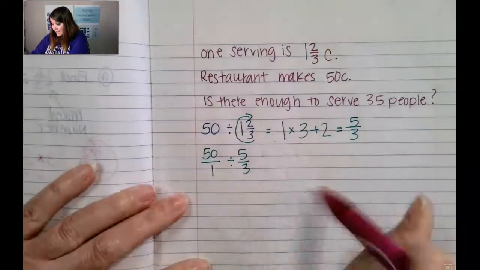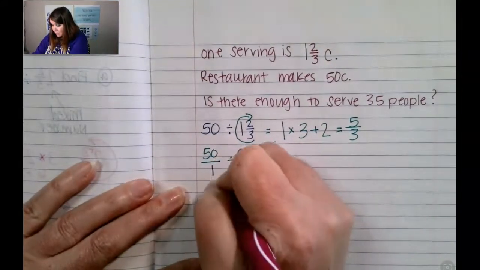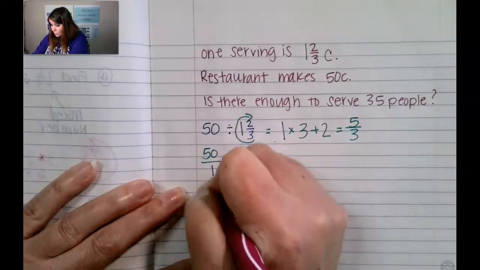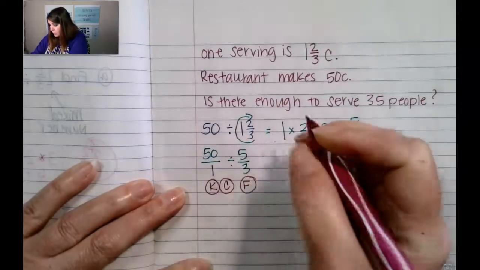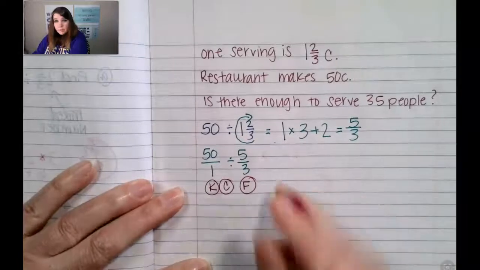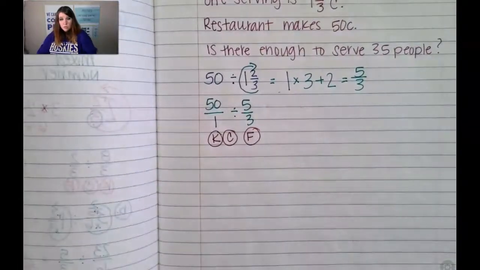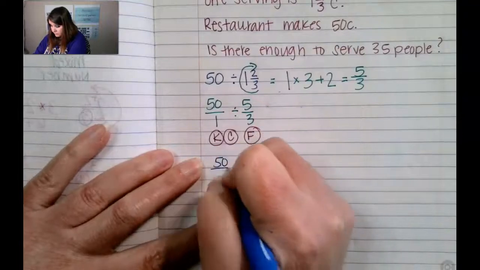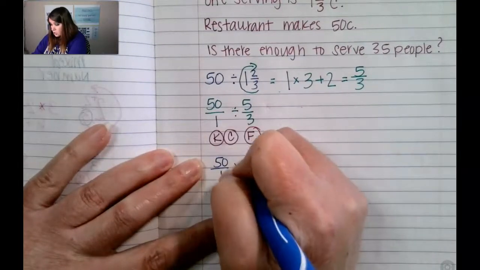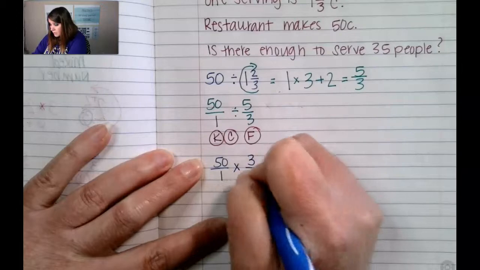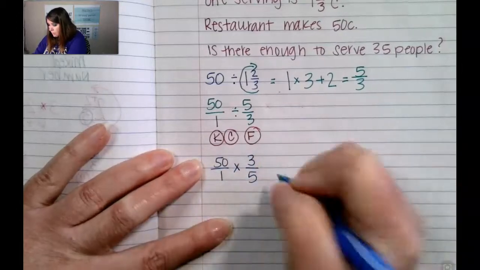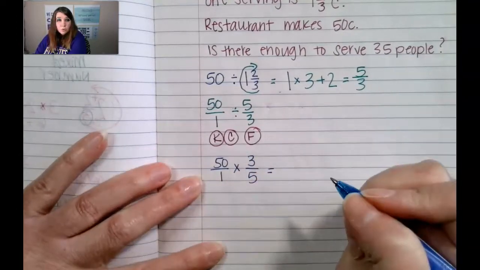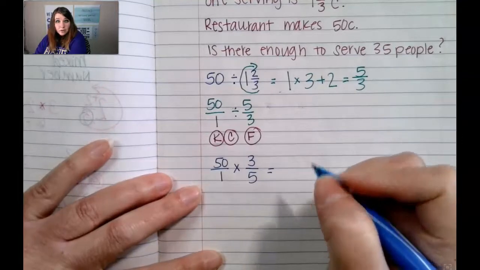And so what we can do now is we can keep, we can change, and we can flip. All right, ready? So we are going to keep 50 over 1. We're going to change, and we're going to find the reciprocal and flip. Now we're ready to multiply straight across.